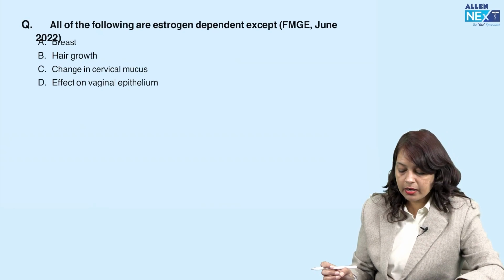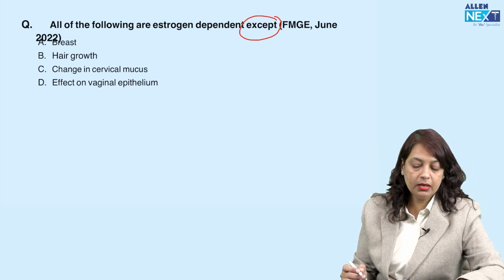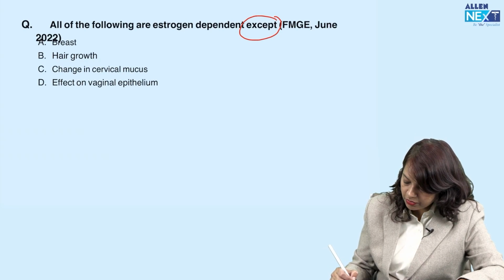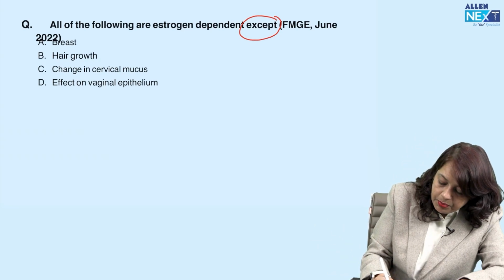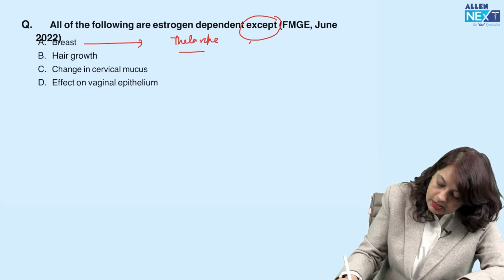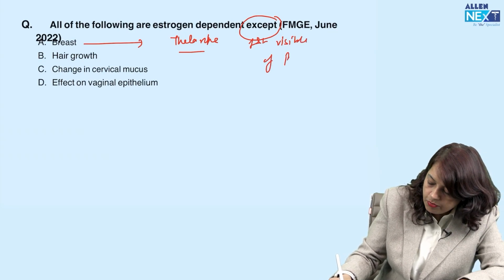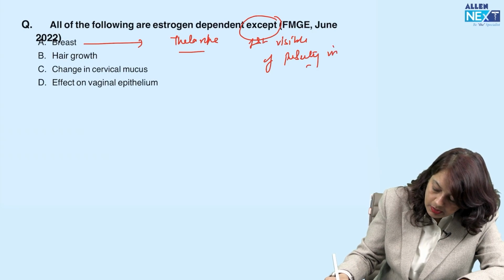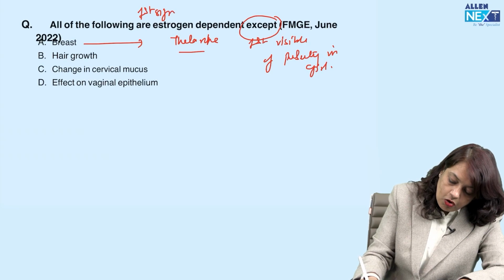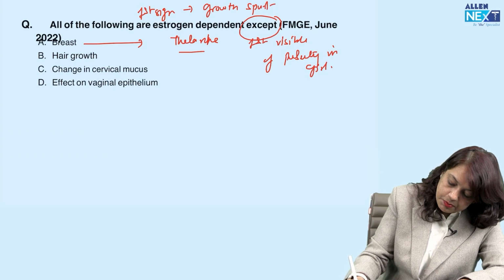All of the following are estrogen dependent except: breast development, hair growth, change in the cervical mucus, or effect on the vaginal epithelium. Breast development, which is called thelarche, is the first visible sign of puberty in girls, although the first sign of puberty in girls is the growth spurt.